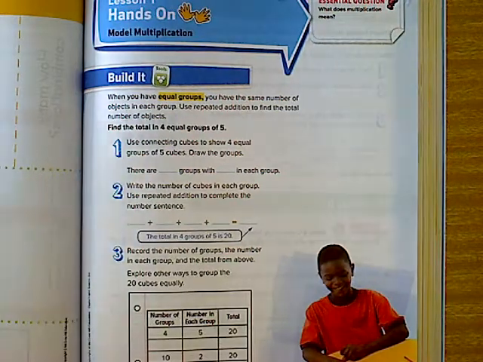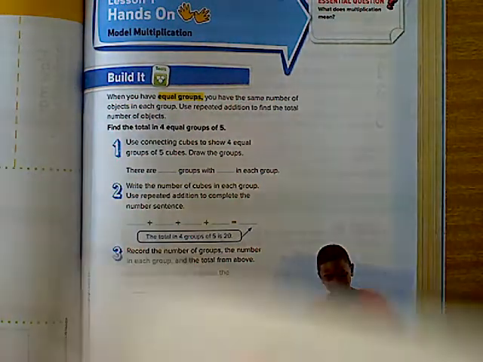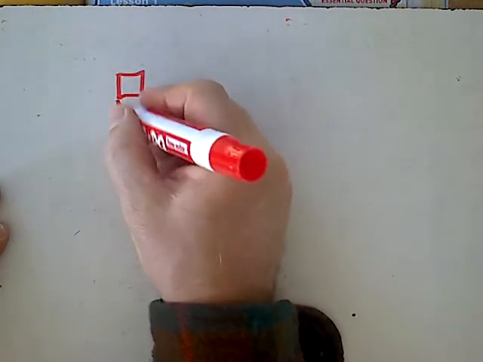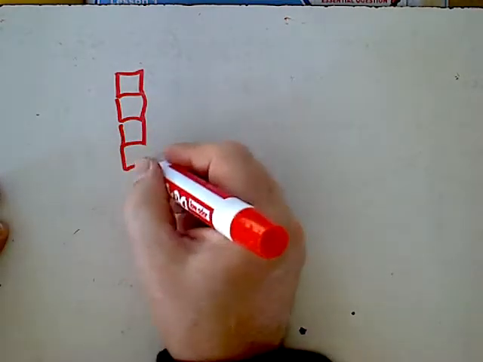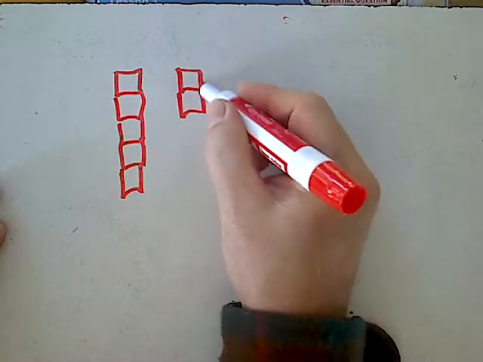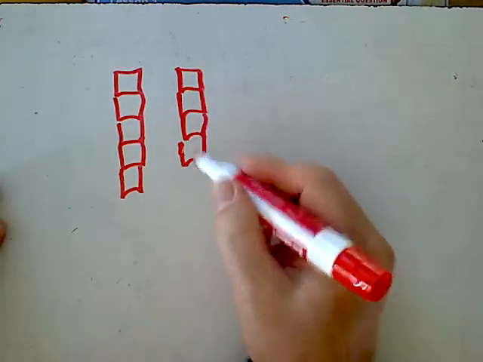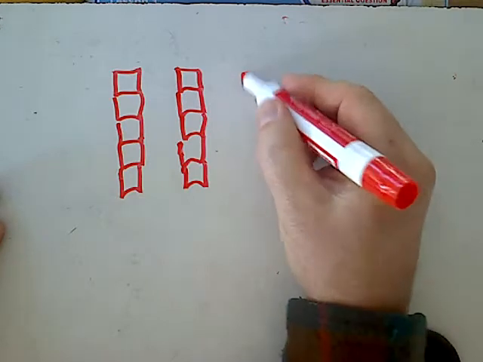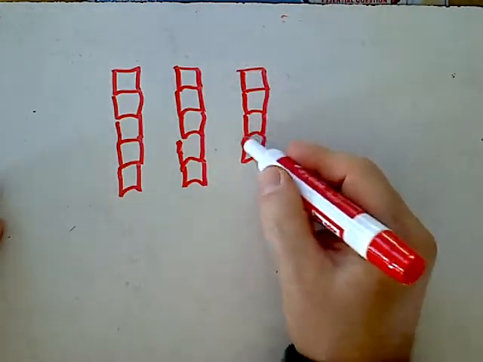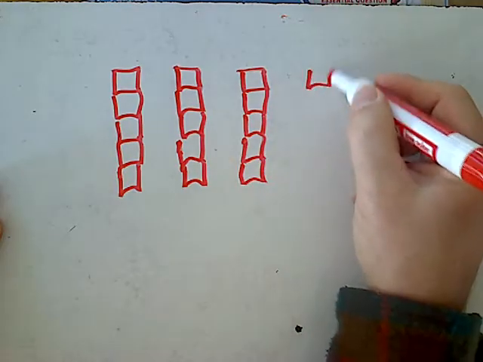Now, I don't necessarily even have to have anything like that. You could just use a piece of paper. And if I want to show 4 groups of 5 cubes, here's what I would have. Here's one group: 1 cube, 2 cubes, 3 cubes, 4 cubes, 5 cubes. And if I do that 4 times, that'll be 4 groups with 5 in every single group.